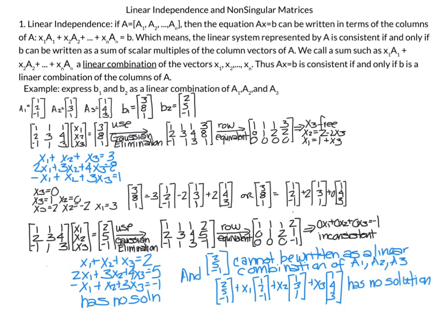One, the system of linear equations represented by this augmented matrix, or this matrix equation, x1 plus x2 plus x3 equals 2, 2x1 plus 3x2 plus 4x3 equals 5, and negative x1 plus x2 plus 3x3 equals negative 1, has no solution, right? The system is inconsistent.